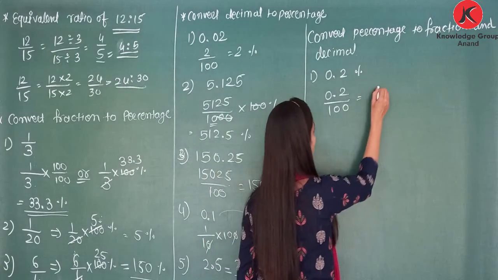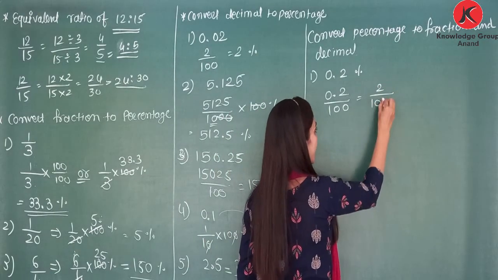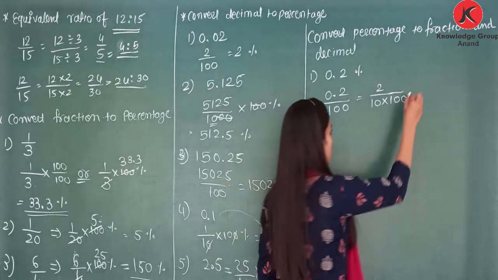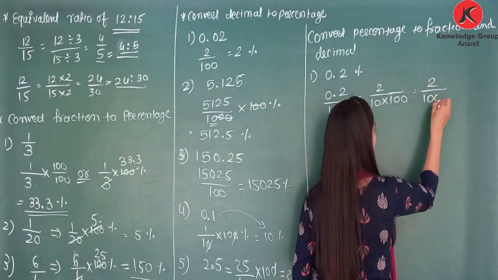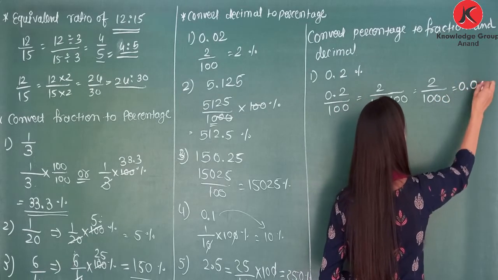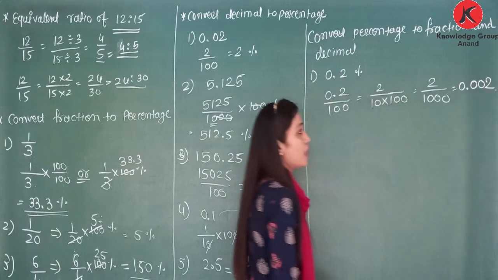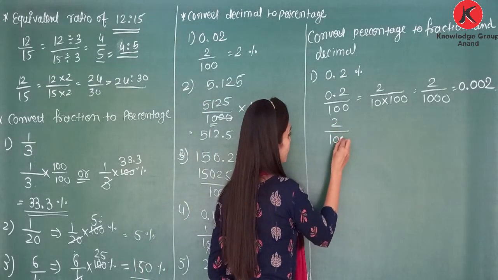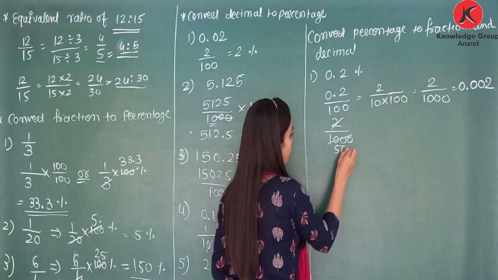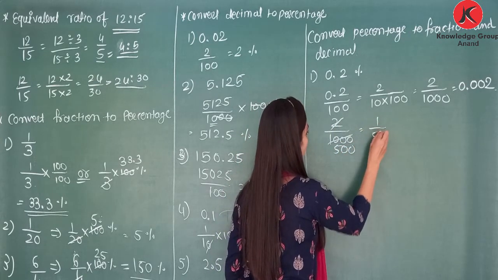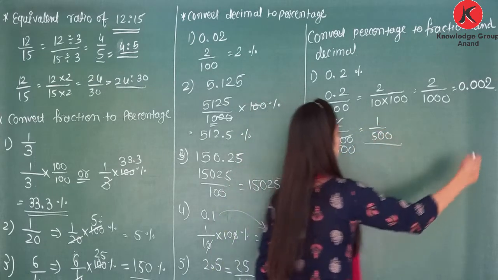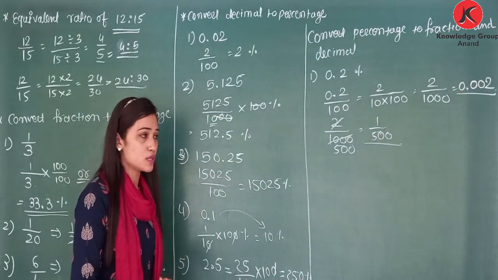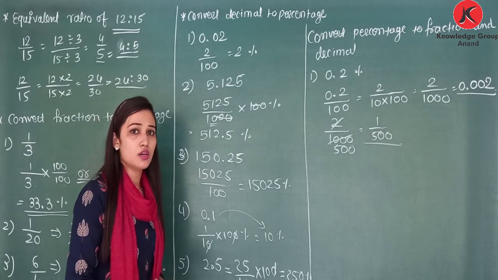Now 0.2 means 2 by 10, multiply by 100. So it is 2 by 1000. So it is 0.002 as a decimal. Now convert this as a fraction. So 2 by 1000, divide by 2, it is 1 by 500 as a fraction. So 0.2% can be written as 0.002 as a decimal and 1 by 500 as a fraction.